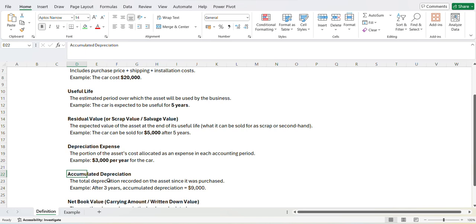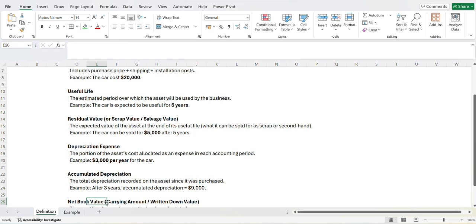That gives you accumulated depreciation, the total depreciation recorded on the asset since it was purchased. For instance, after 3 years, accumulated depreciation will be 9,000 if annual depreciation is 3,000.